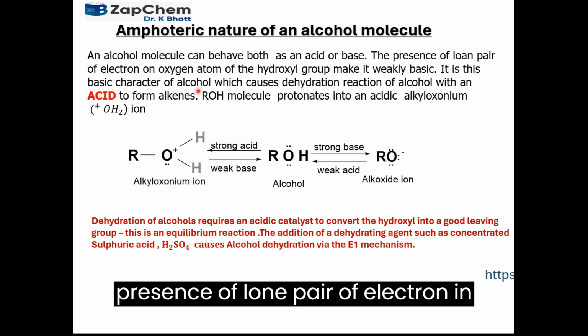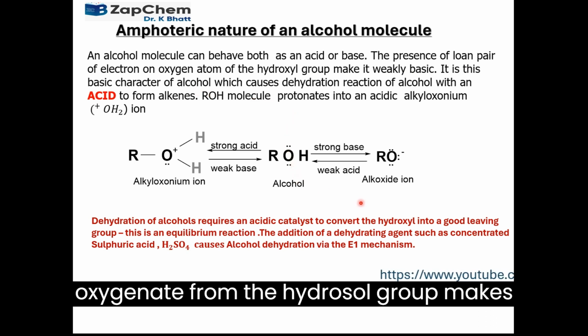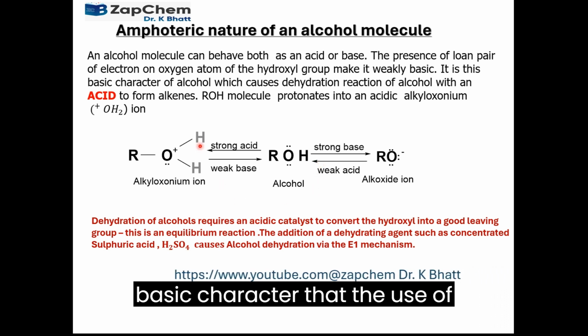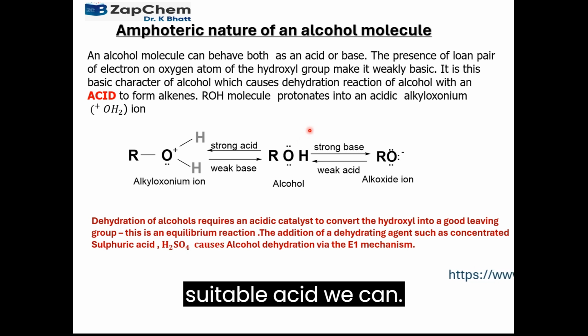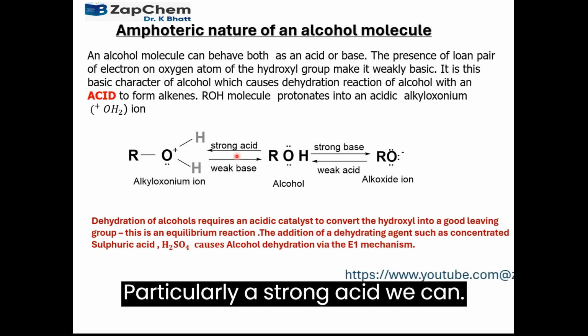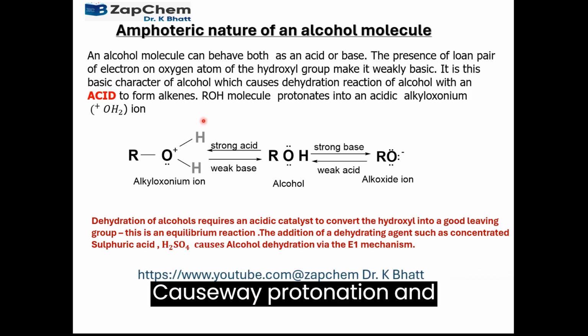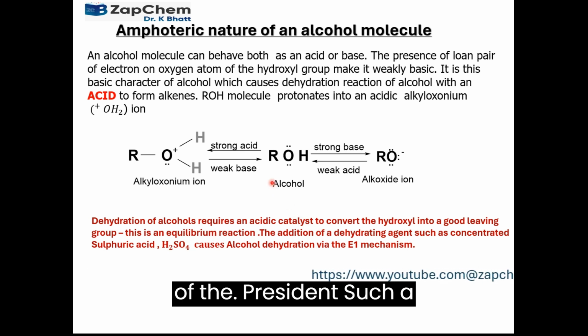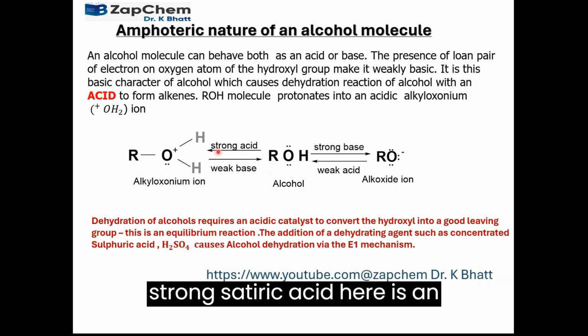The presence of lone pairs of electrons on the oxygen atom of the hydroxyl group makes it weakly basic. It is this basic character that, with the use of a suitable acid, particularly a strong acid, we can cause protonation. And dehydration takes place because of the presence of a strong sulfuric acid.